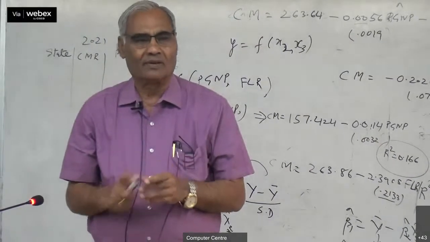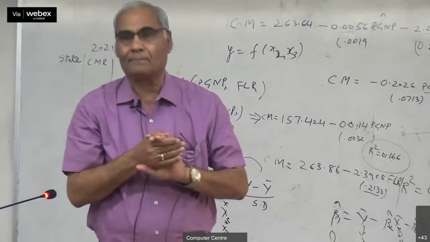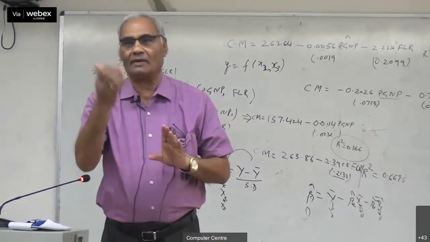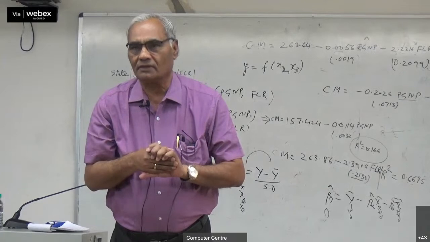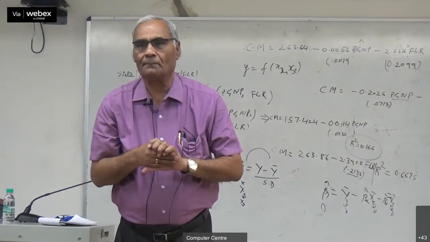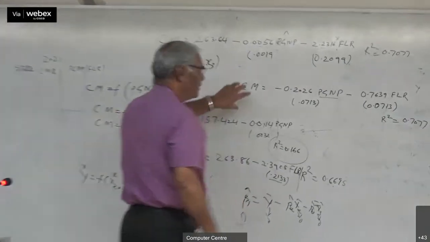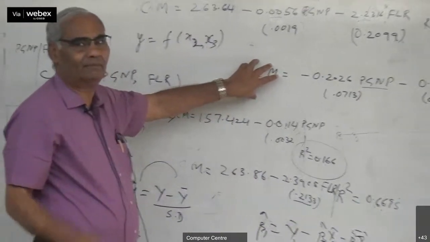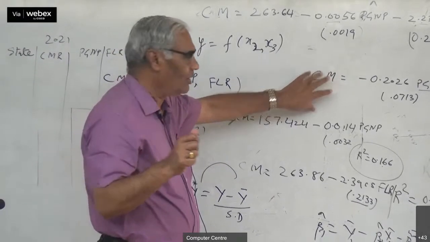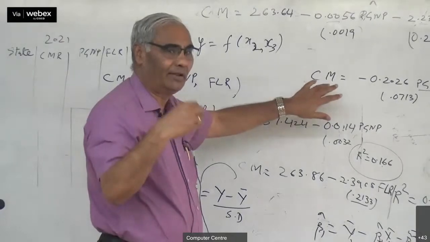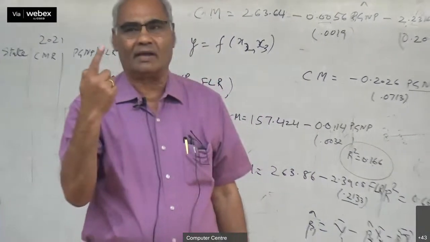Any point? Standardized child mortality rate means you are converting them into a new variable where the mean is equal to zero.